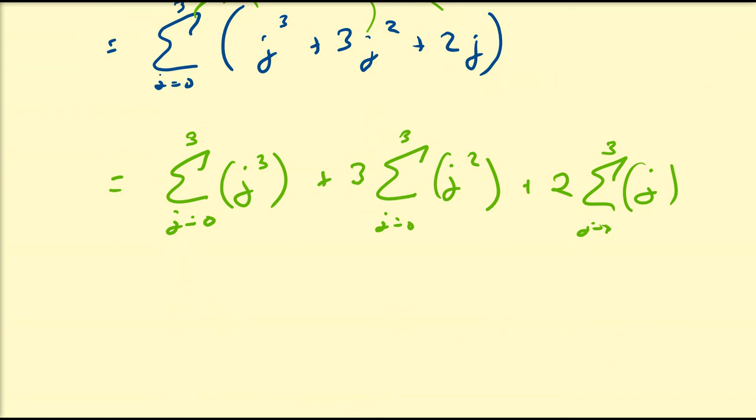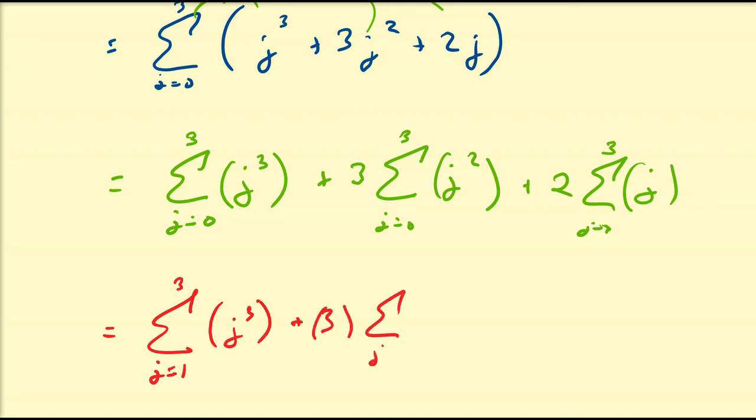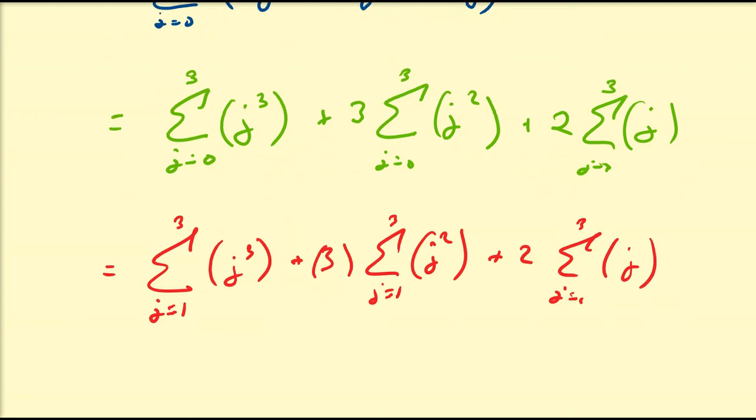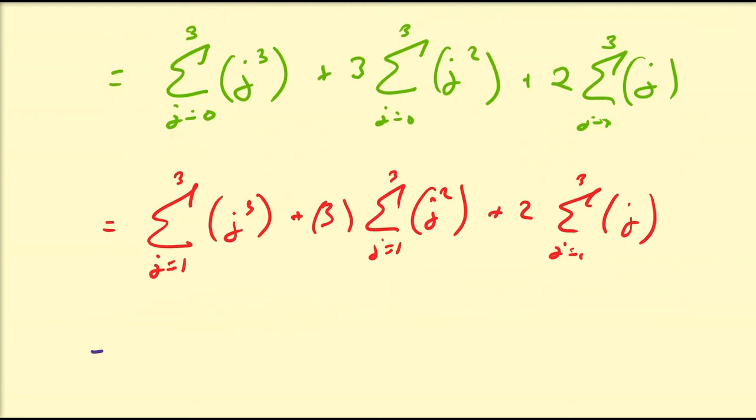So we can actually just simplify this and rewrite this in a nicer way. So we can just rewrite this as the sum from j is equal to 1 to 3 of j cubed plus 3 times the sum from j is equal to 1 to 3 of j squared plus 2 times the sum from j is equal to 1 to 3 of just j, right? That makes it a little bit nicer to write, then we don't have those zeros floating around.